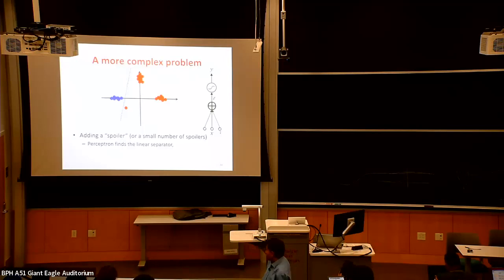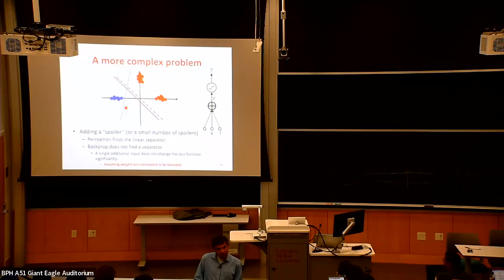But then the number of blue and red points is very large. So what would happen to the backprop based decision boundary? Is that also going to swing out here? No. That's probably going to shift just a little bit, because one training instance doesn't contribute so much to the training error in the big scheme of things.